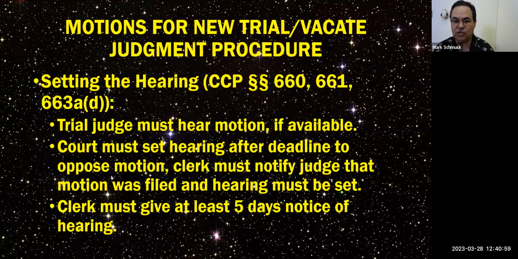It has the discretion to do that if it is heard by someone other than the trial judge. Another thing is that the court is not required to hear oral argument. It must have a hearing, but it is not required to grant oral argument pursuant to CCP 661.